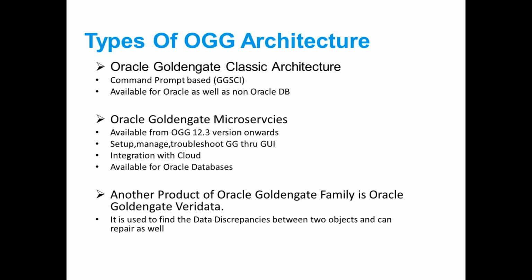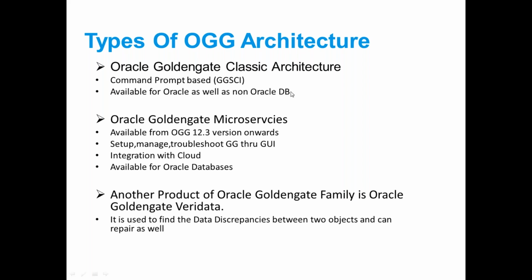Just to give you a brief introduction. As I told you, it was founded in 1995 and it was taken over by Oracle in 2009. From 2009 to 2017, there was only one way to configure Golden Gate, that was through the command prompt, this GGSCI, which many of you might have worked on.